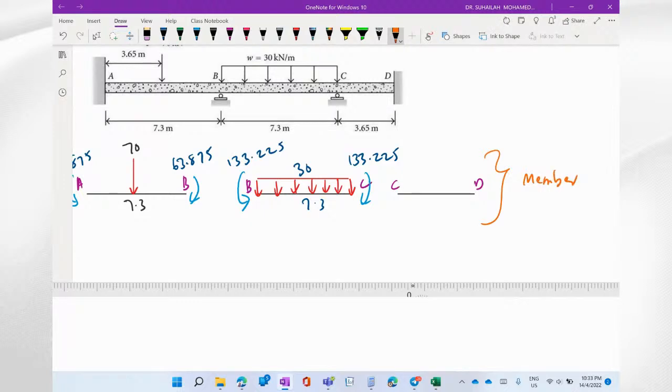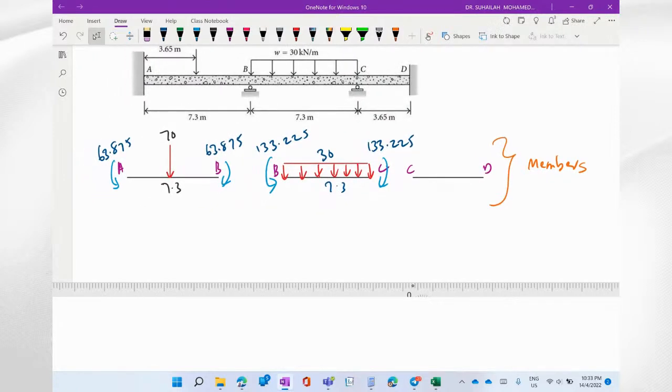Members is the right word. We have member AB, member BC, member CD. Besides members, we also have to understand joints.